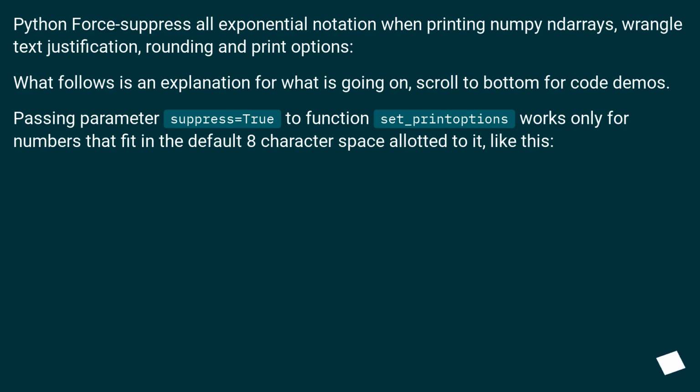Passing parameter suppress equals true to function set_print_options works only for numbers that fit in the default 8-character space allotted to it, like this.